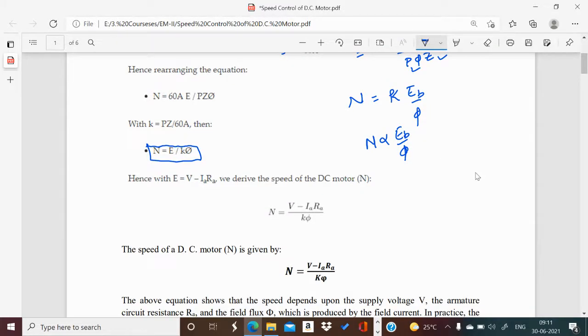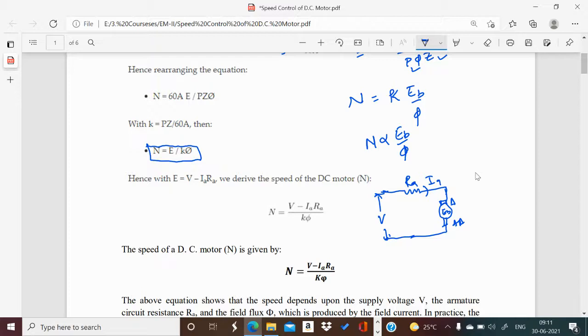Then if we take the steady state model of our DC motor, these are the two input terminals, V, and this will be the armature resistance RA, the armature current IA, and the back EMF EB.